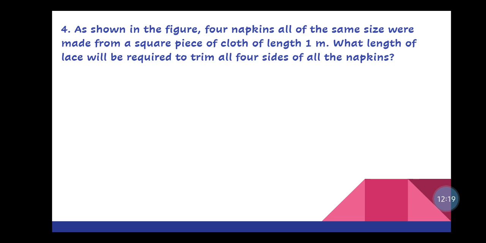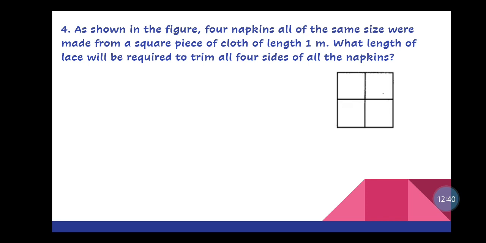Next question. As shown in the figure, 4 napkins of the same size were made from a square piece of cloth of 1 meter length. What length of lace will be required to trim all 4 sides of all the napkins? This is the diagram.